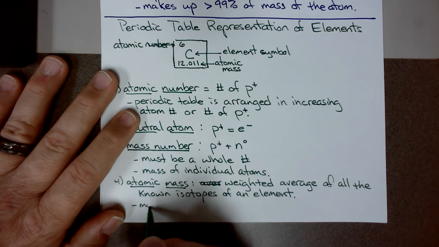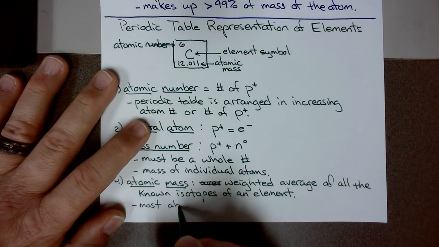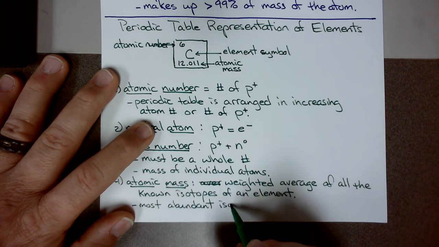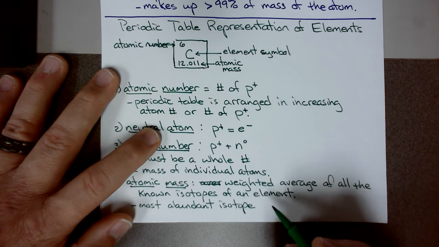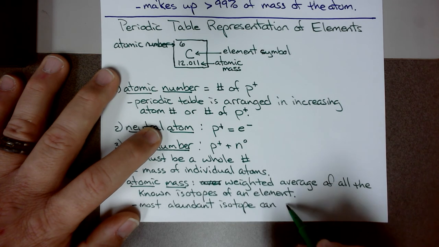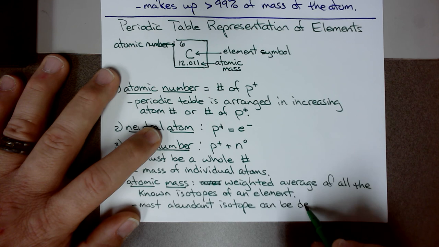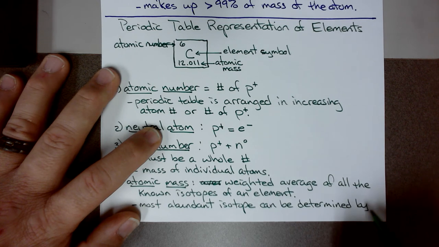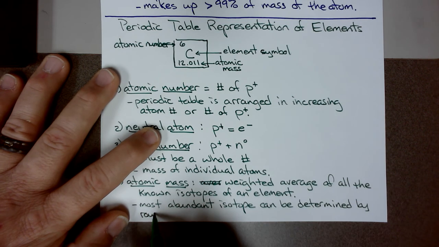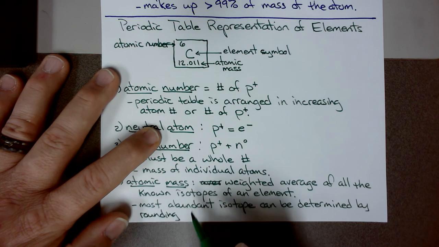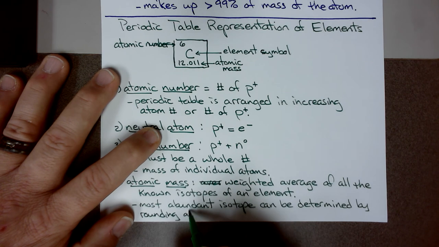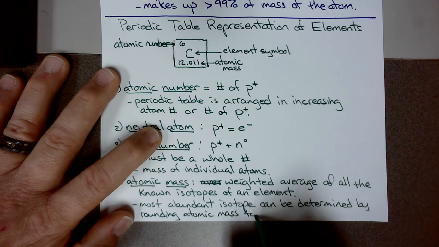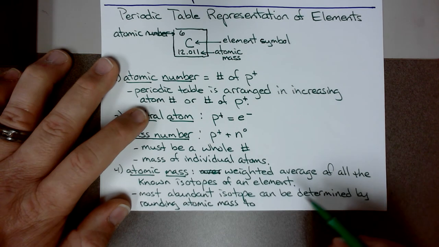So the most abundant isotope can be determined by rounding atomic mass to nearest whole number.